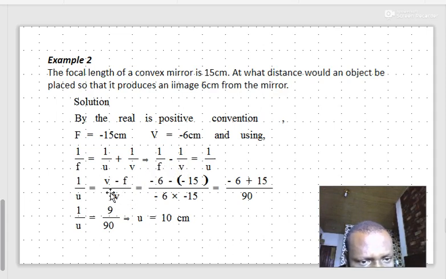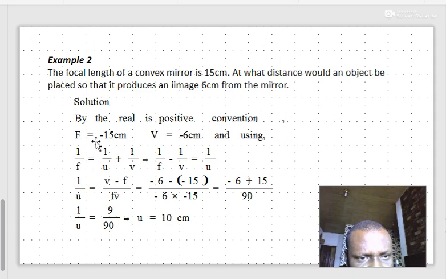If f goes into fv, f cancels f from fv, and that leaves v alone. So v times 1 gives us v. If v goes into fv, v cancels v, leaving f. So f times 1 gives us f. So we get v minus f all over fv, which is equal to 1 over u. So 1 over u is equal to v minus f over fv.